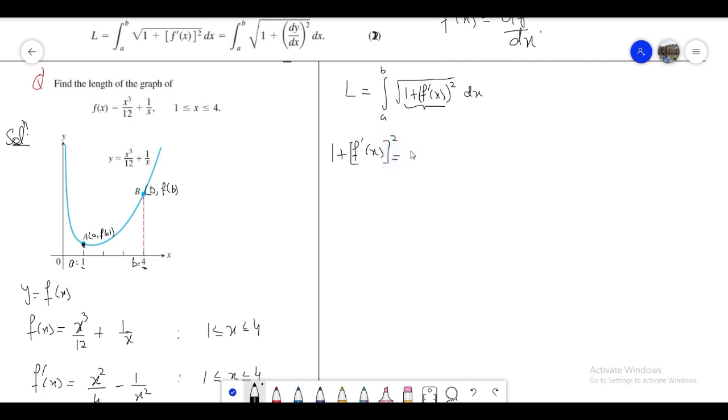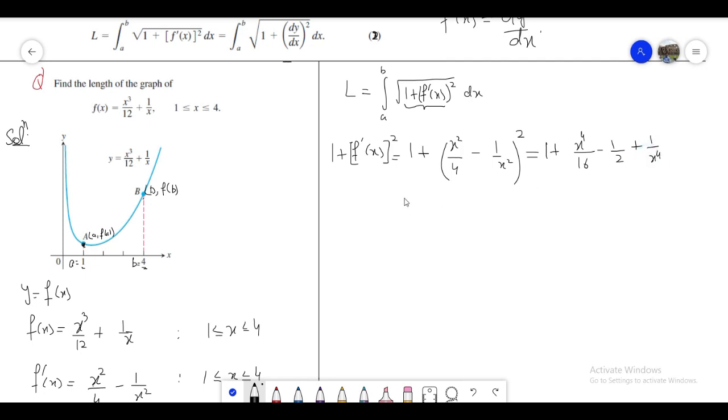So this will become 1 plus, f dash is x squared by 4 minus 1 over x squared, whole squared, and this is equivalent to 1 plus x to the 4 by 16 minus 1 by 2 plus 1 over x to the 4.